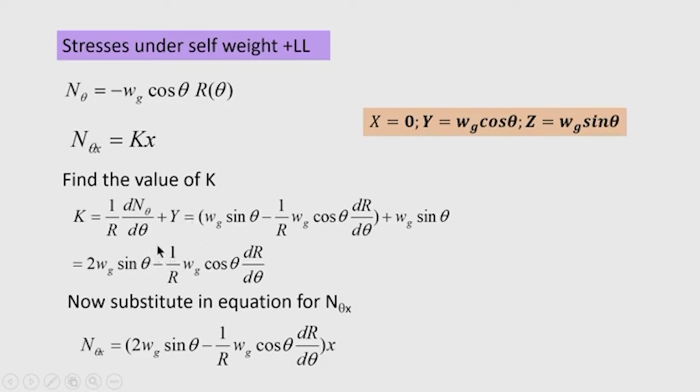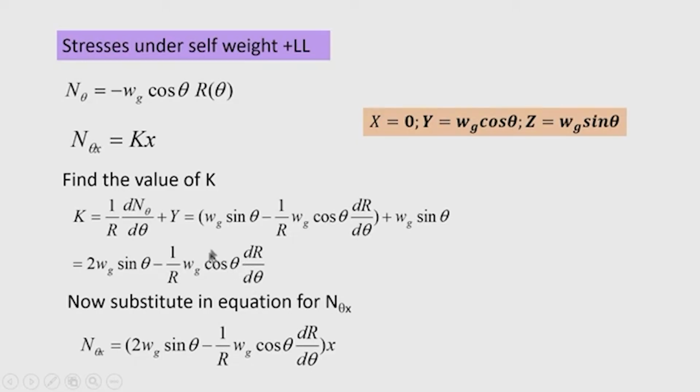Now, substitute the value of N theta we already obtained, minus W g cos theta r theta. After differentiating with respect to theta and substituting the value of Y as W g sin theta, we get this expression, and after simplification the final expression is 2 W g sin theta minus 1 by r W g cos theta d r d theta.